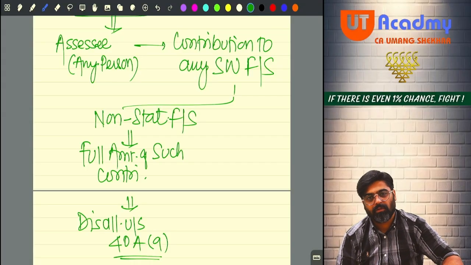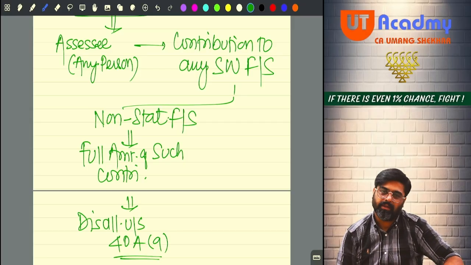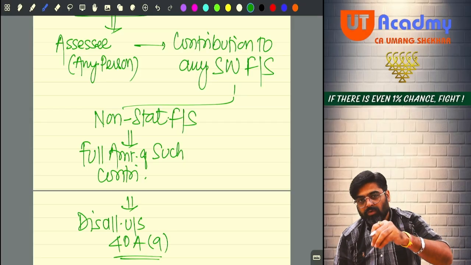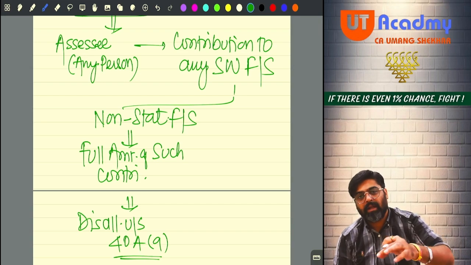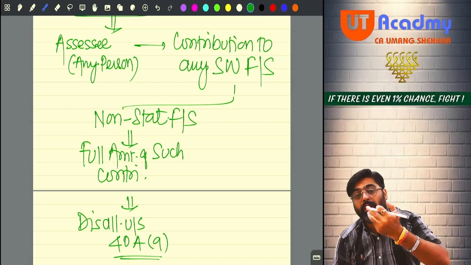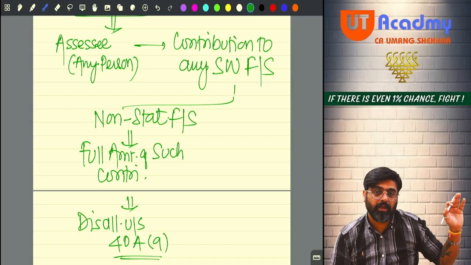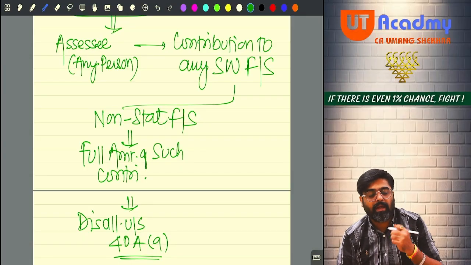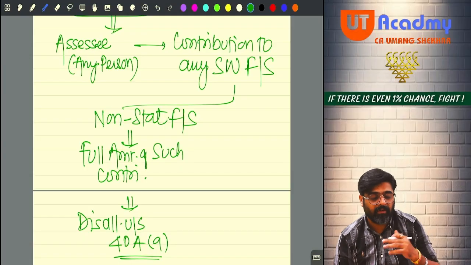Just because this is a staff welfare fund, this is a staff welfare scheme, and the amount which you are putting in that scheme or that fund, what is the guarantee? You tell us that, see, we are contributing to our employees' fund, our employee scheme, please give us the deduction.